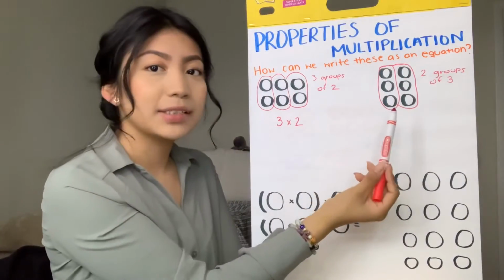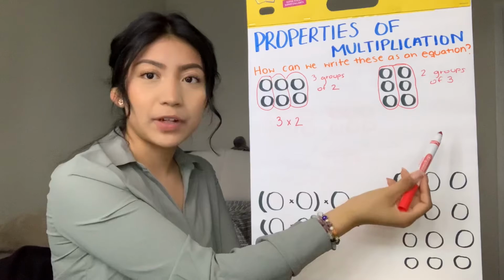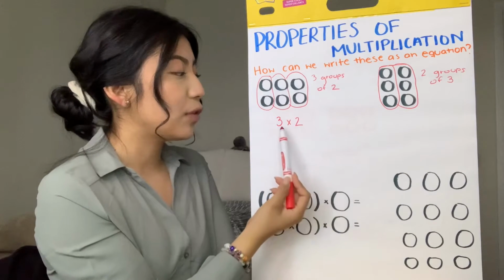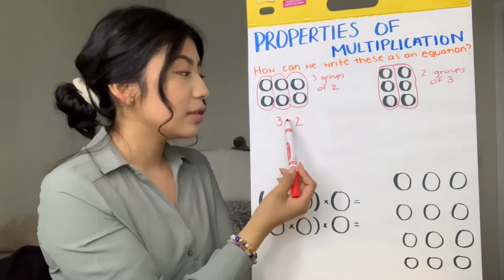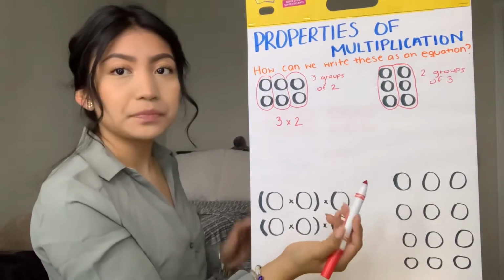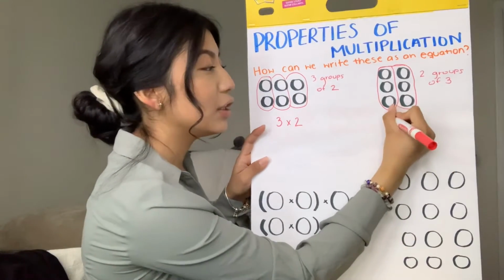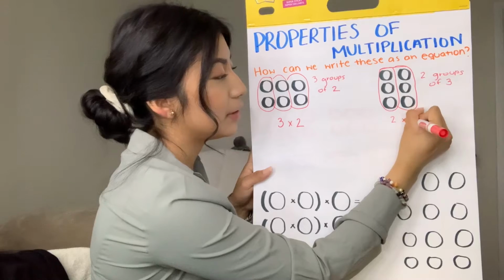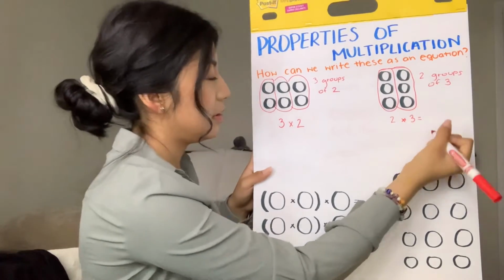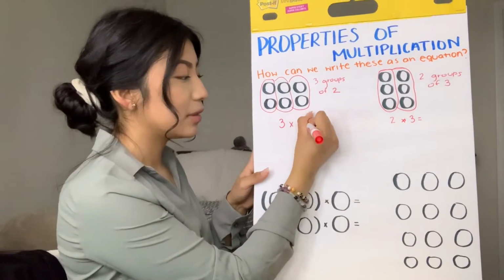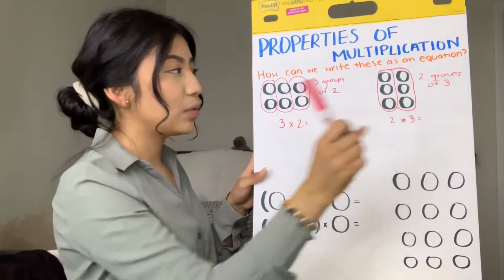Try and write an equation like we did right here. Let's look at how we wrote this here: 3 groups of 2. So we have the 3 right here times the group of 2. So how would we do this one? Yes, 2 times 3. Awesome. So we have 3 times 2, and then we have 2 times 3.